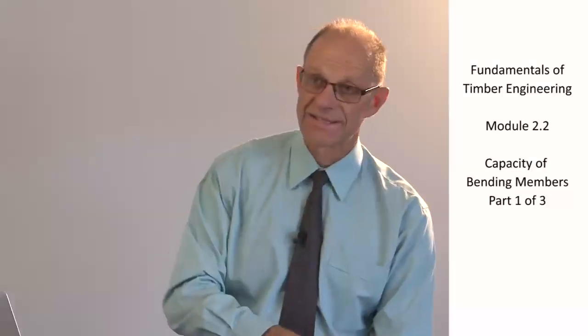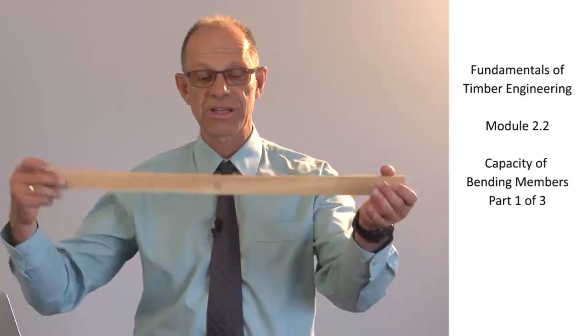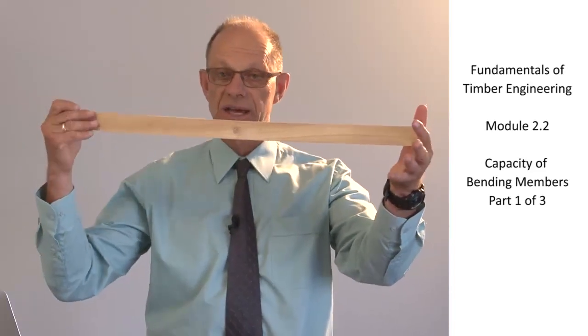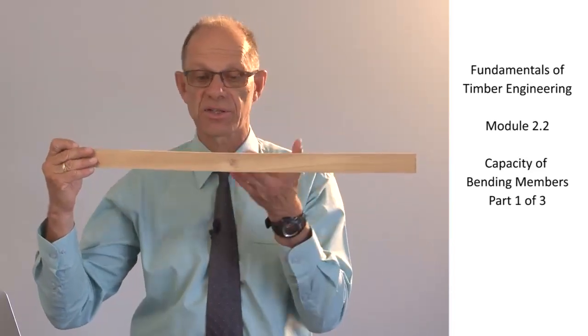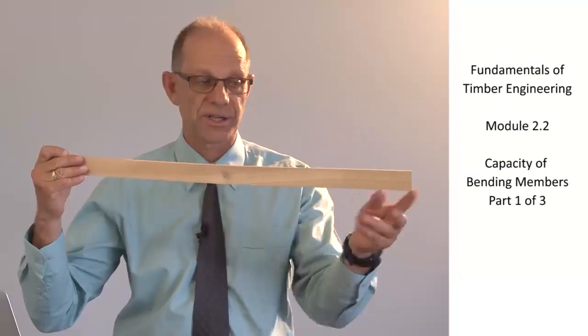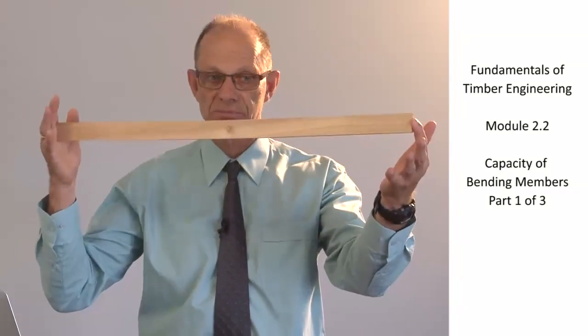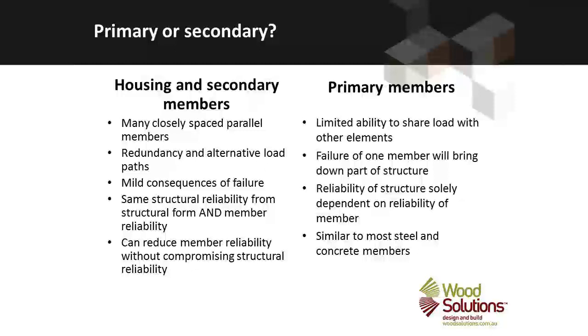We call that a secondary member. On the other hand, if the member is working entirely on its own and doesn't have others that it can shed load to if it starts to fail, that is definitely a primary member. So primary members function in isolation. Secondary members have the capacity to share the load between each other in the event of a failure.